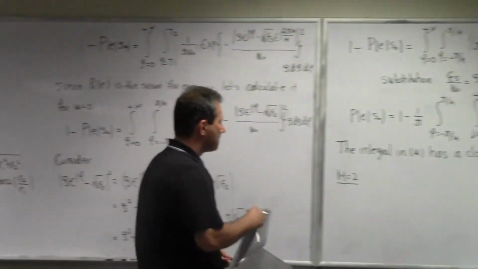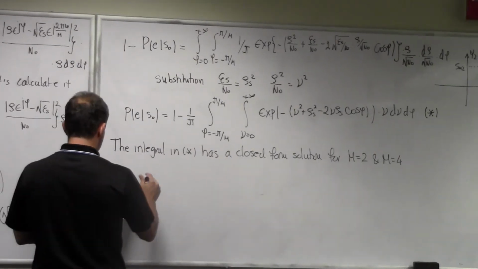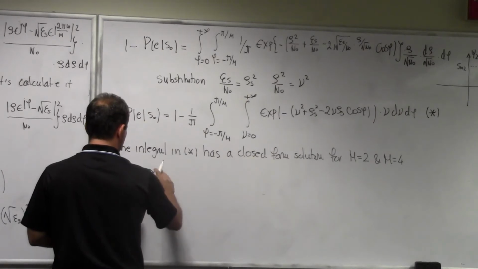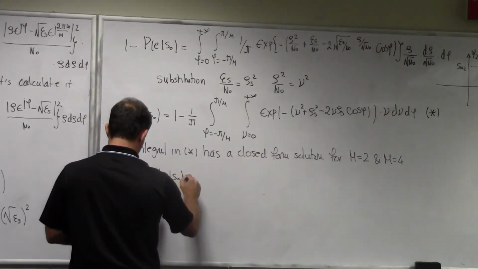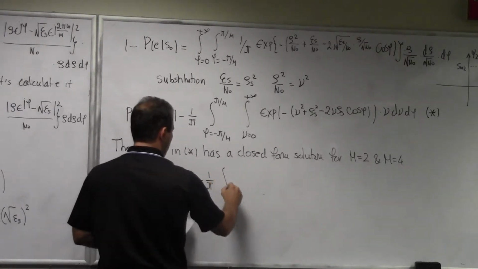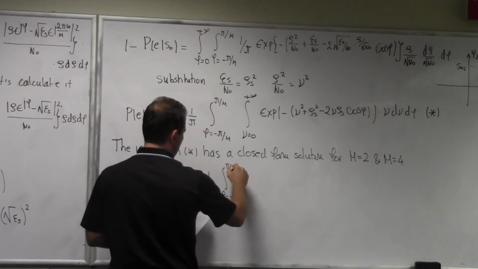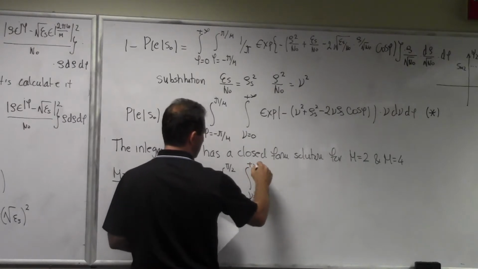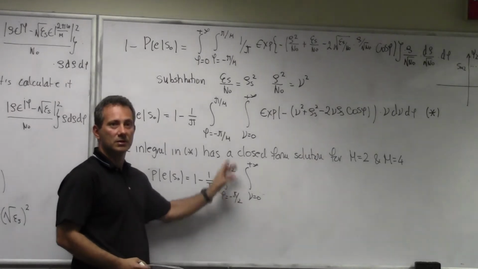So now, if you have m equal 2, then probability of error given s0 is going to be 1 minus 1 over pi. Now phi goes from minus pi over 2 to pi over 2. Nu goes from 0 to plus infinity. Note that here my decision boundary is the y-axis.